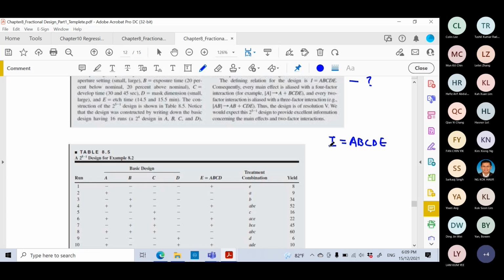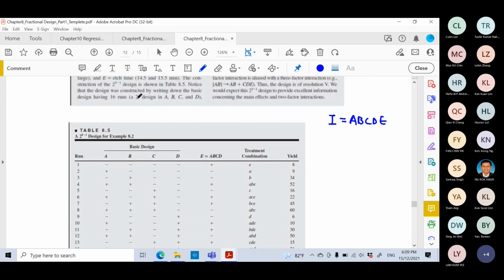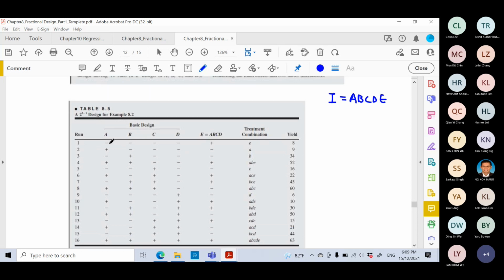So the following is the defining relation here. What you need to write first is just the basic design, which consists of the 4 factors. How do you write the plus minus signs for the 4 factors? For factor A, you write minus plus, alternating the sign.